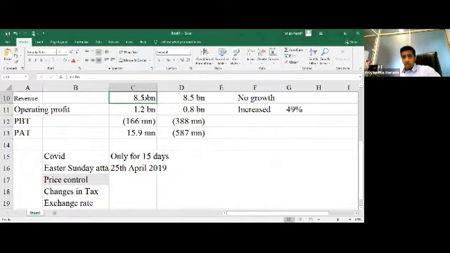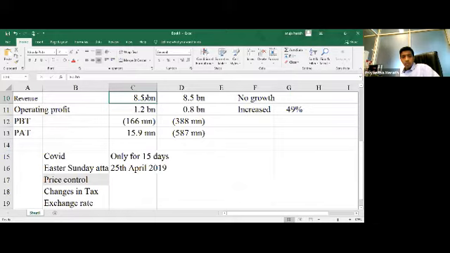Price control is a challenge. The Sunday attack negatively impacted, most of the hospitals closed due to security issues, and the impact of exchange rate is negative. So there were a number of negative factors during that period, but still they improved profitability.